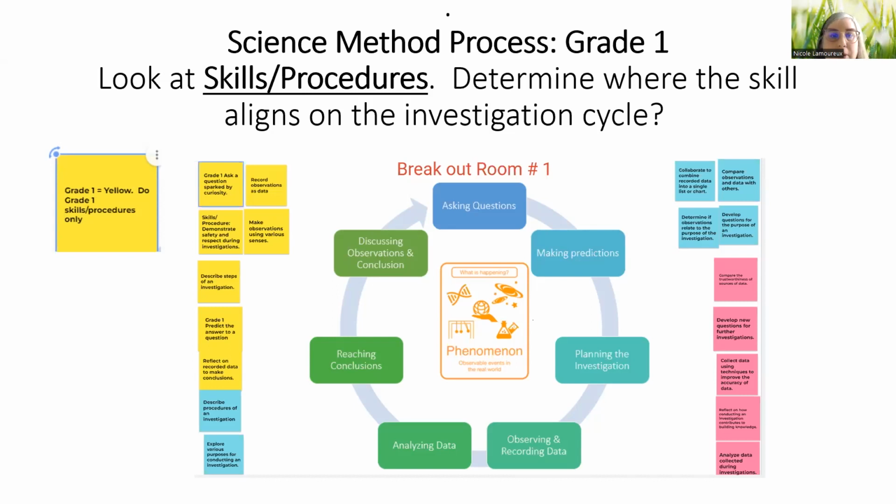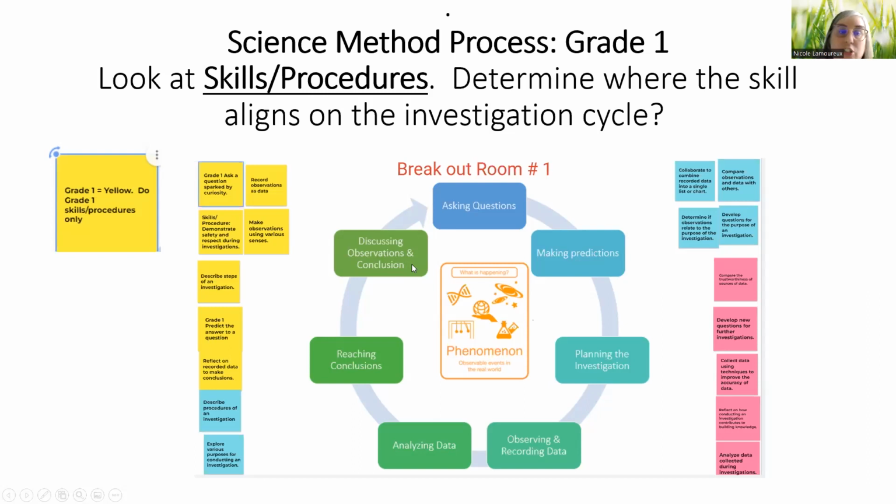You're going to think about the skills and procedures, just for grade 1, which is the yellow. And your breakout room number is going to be put on the top of the Jamboard where it says breakout room number 1. I have the investigation cycle with all the steps: asking questions, making predictions, planning investigation, observing and recording observations, analyzing data, reaching conclusions, discussing observations and conclusions.